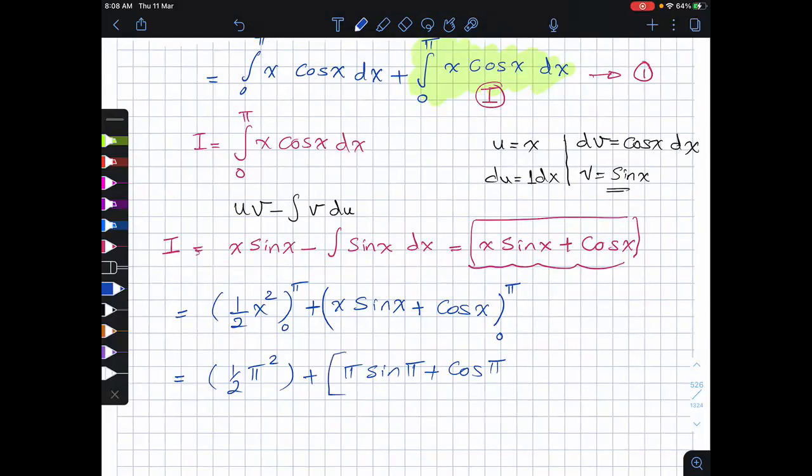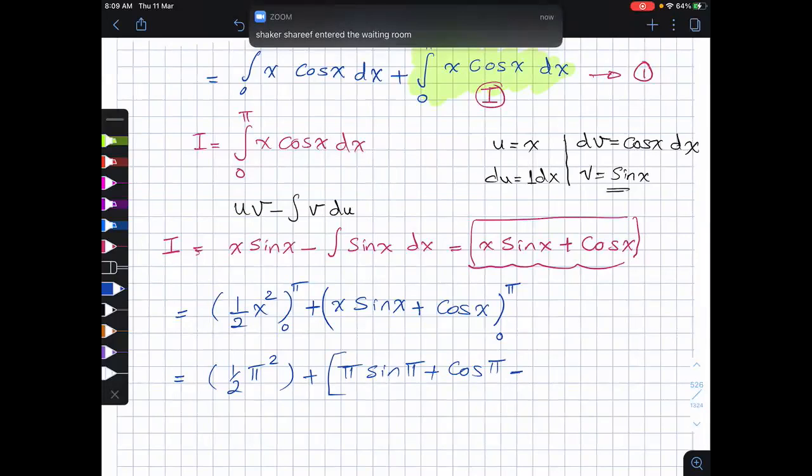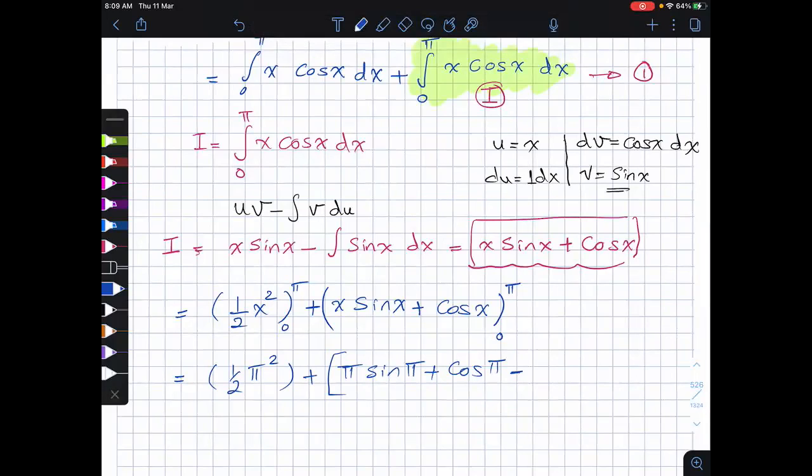Then substitute 0 because it's trig functions: 0 times sine 0 is 0, and we have minus cosine 0, and cosine 0 has a value of 1.